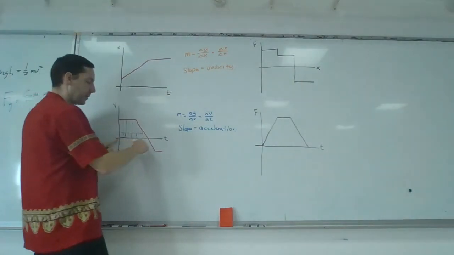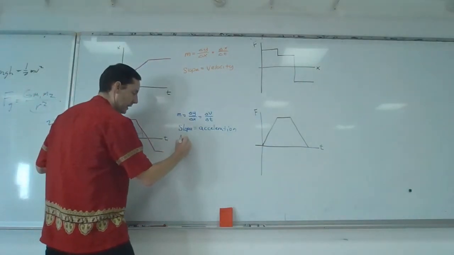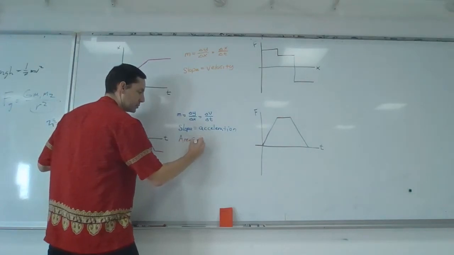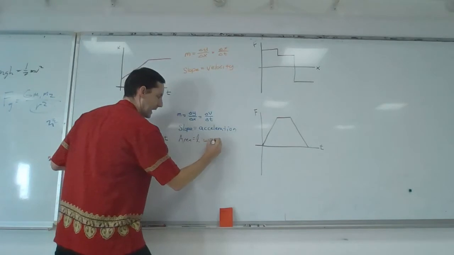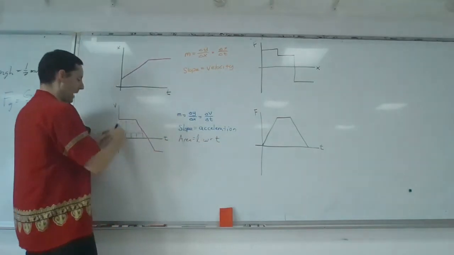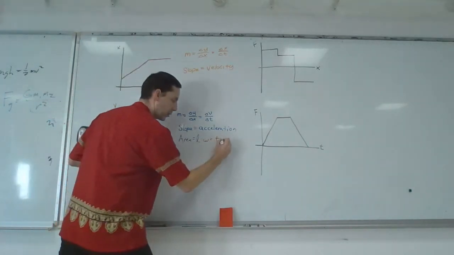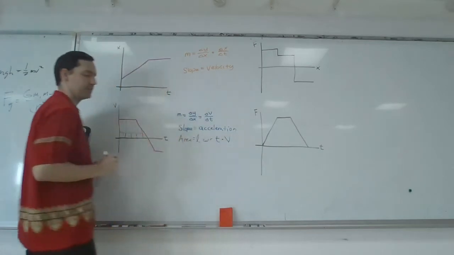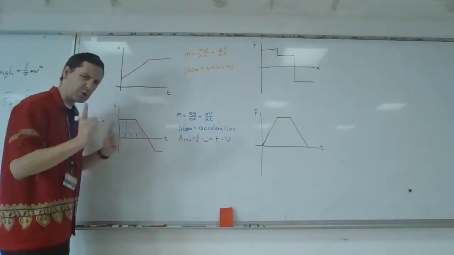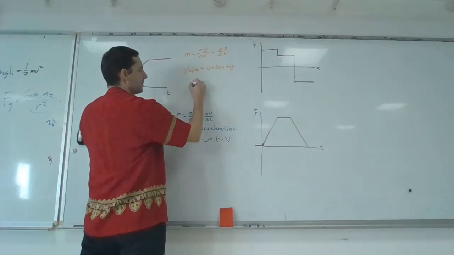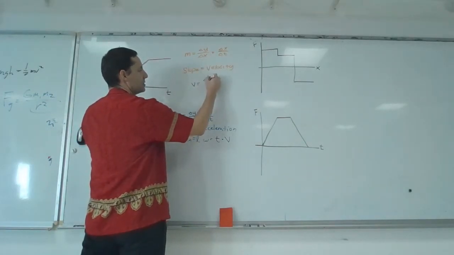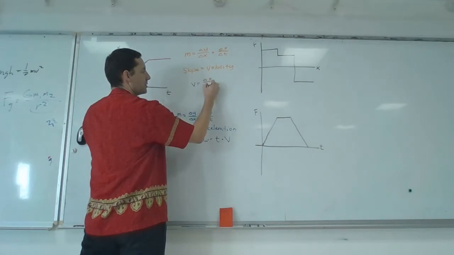So area equals length times width. So if my length was in time and my height was in speed, what do I get when I multiply speed by time? And you may not know that, but if we actually go up here, remember up here we said that the velocity was equal to the change in position over the change in time.